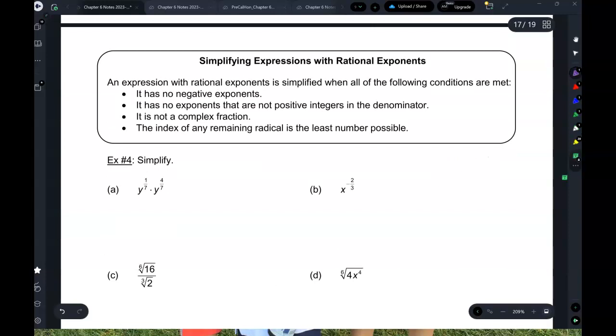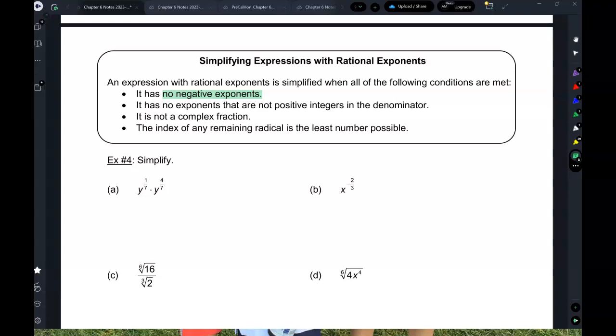So let's go back to the issue of how do you know if your problem is simplified enough? Here's what you have to do. You have to make sure all of these conditions are met. First and foremost, no negative exponents. Next, no exponents that are not positive integers in the denominator.